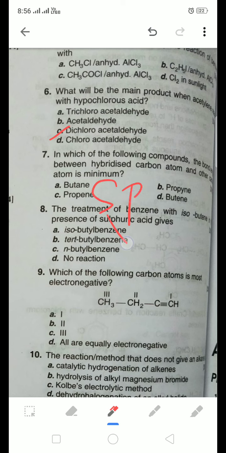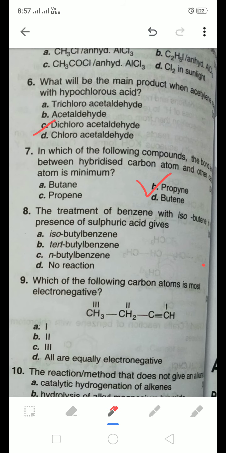Now sp has 50% s character, so it is more electronegative as it is closer to the nucleus. The least bond length would be the one which has the highest s character. We have to see in which compound we can find the triple bond, and you can see it is in propyne. So propyne would be our answer.